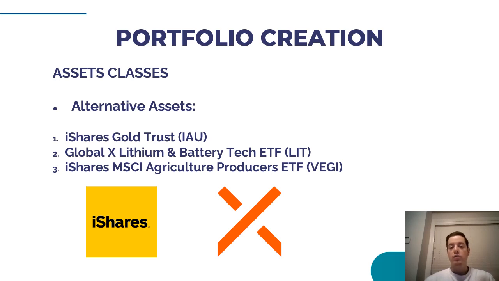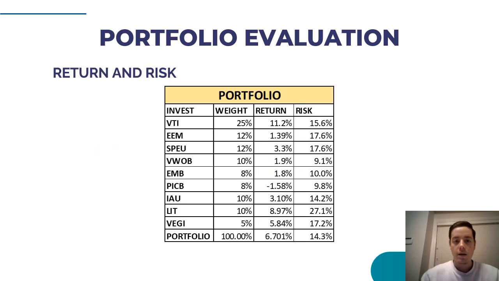The next step was to evaluate our portfolio. A 10-year period from September 2013 to September 2023 was analyzed, and this assessment was conducted on a monthly basis. First, the month-to-month variation of each ETF was calculated.